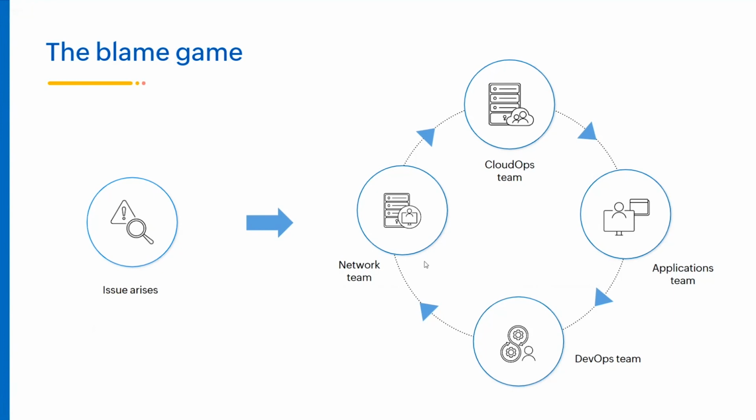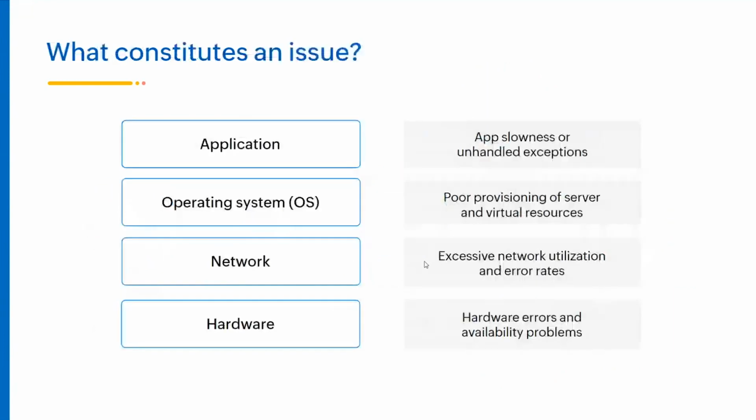So what do you need insights into? Before that, we need to talk about what constitutes an issue. We have different components in your application stack, like hardware, network, operating systems, and applications. In a hardware component, you are prone to hardware errors or availability problems.